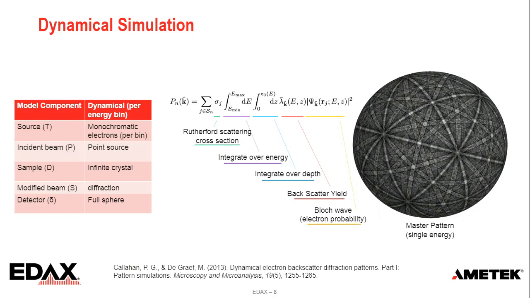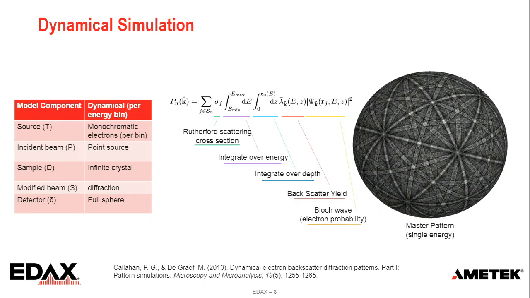And this is by far the slowest part of the simulation. It can take at least tens of minutes for a high symmetry material with not very many energy bins. And if you have a lot of energy bins and a lower symmetry material, which means there's more of the sphere that you have to handle independently, it can take hours or potentially a couple of days for very low symmetry materials.